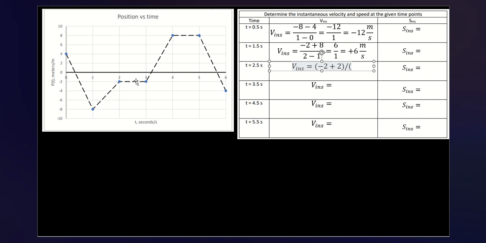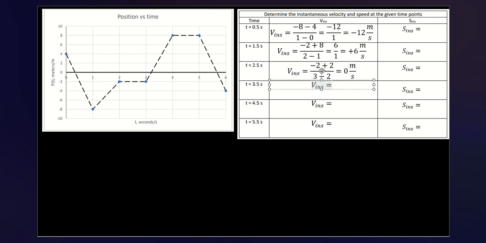And then dividing by our time, or our x coordinates, that is 3 seconds minus 2 seconds. So negative 2 plus 2 is 0. 3 minus 2 is 1. So that just becomes 0 meters per second. And for 0, if it's a vector, you don't need to put a plus or minus sign.